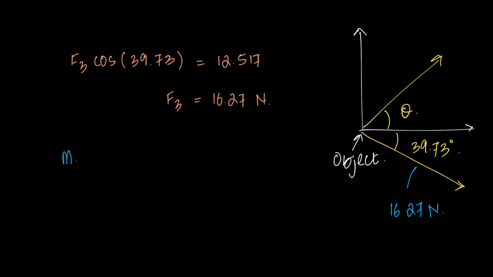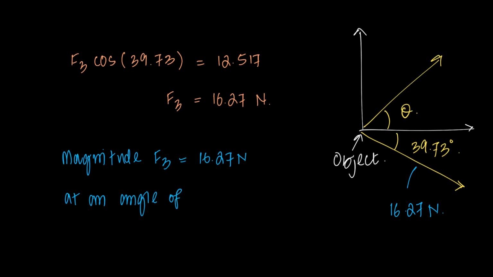I'll just write down magnitude of F3 is equal to 16.27 at an angle of, in the exam you'll have blanks, angle of negative 39.73.